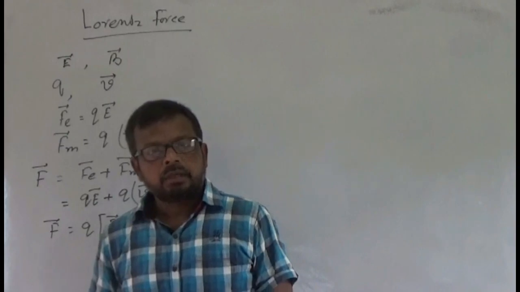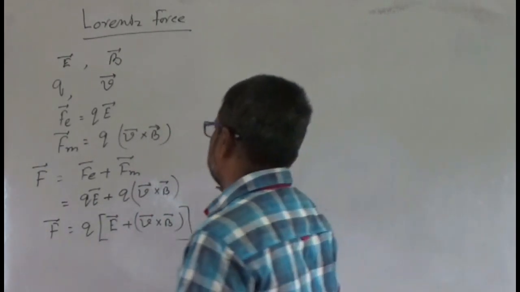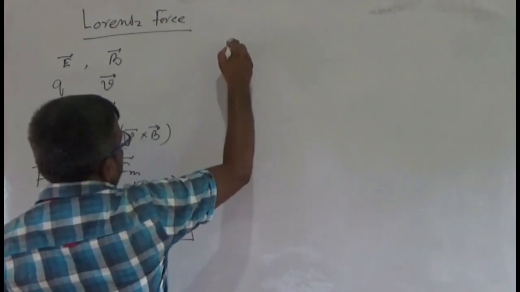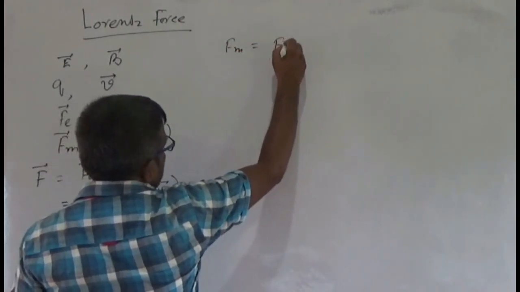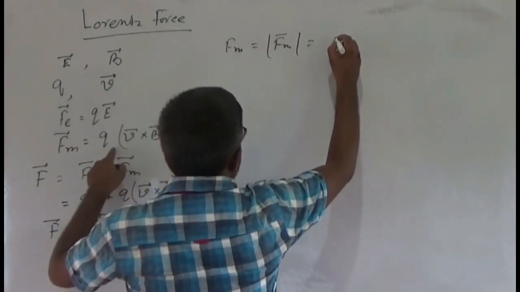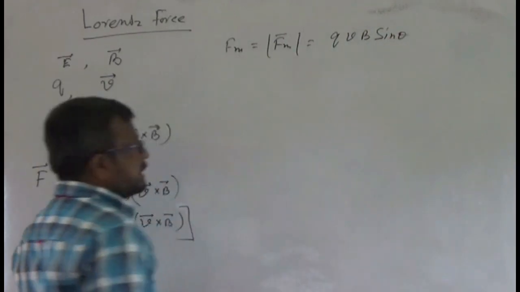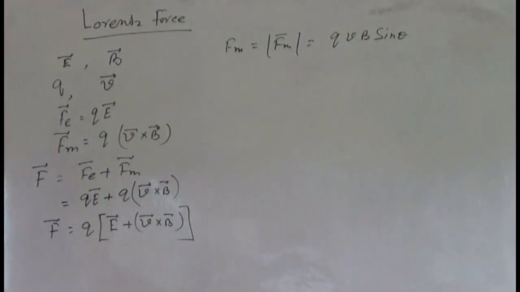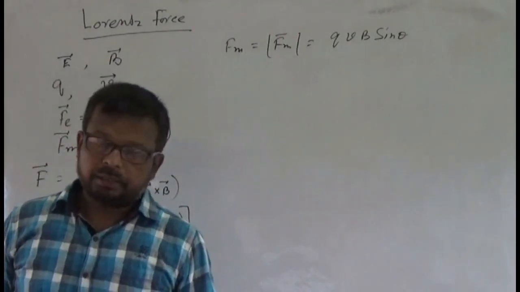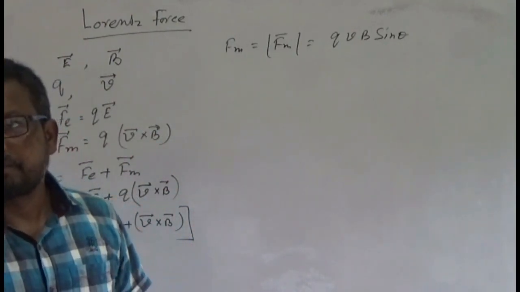Now the magnitude of the magnetic force, Fm is equal to Q V B sin theta, where theta is the angle between V and B. V is the velocity and B is the intensity of the magnetic field.